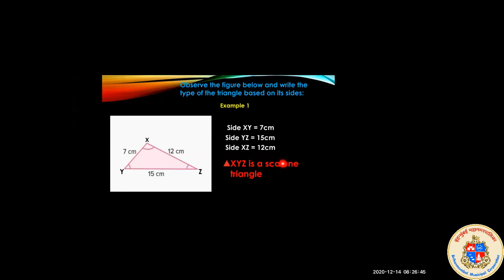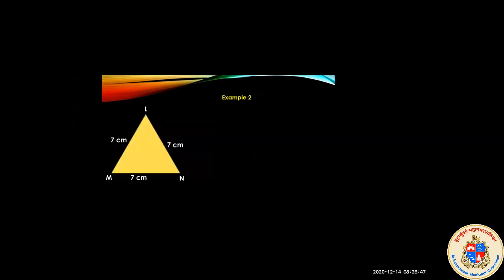Now this was example 1. We'll see example 2. Now there is a triangle LMN and the sides are also given. So what will the first step be? We have to write the sides. Side LM, then side MN, and then side LN. Now all the three sides have the same measurement.